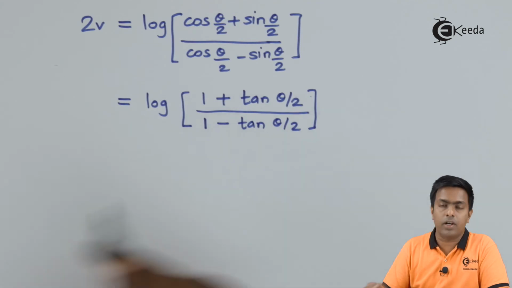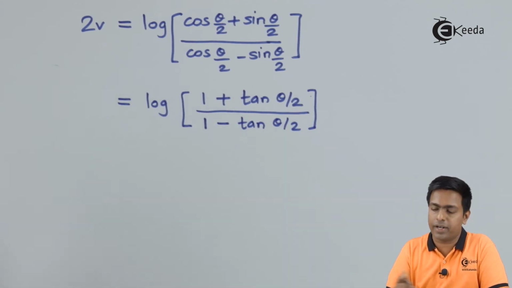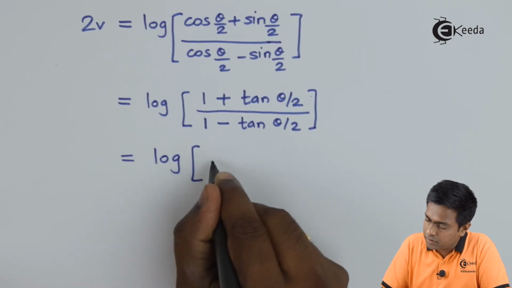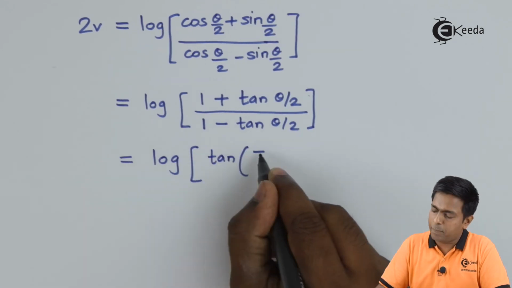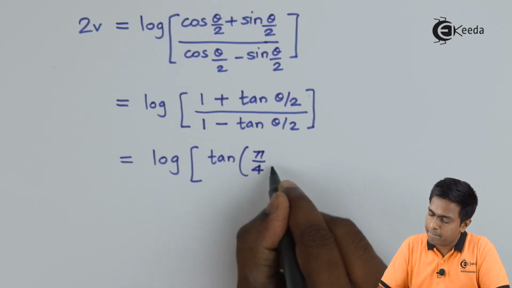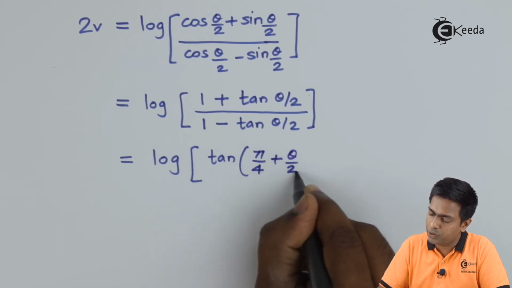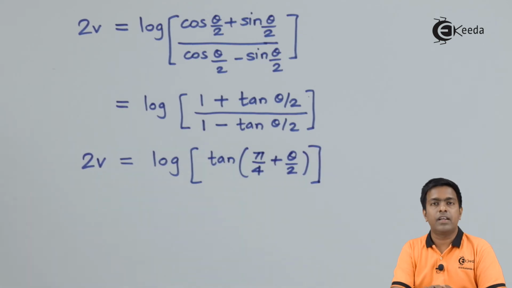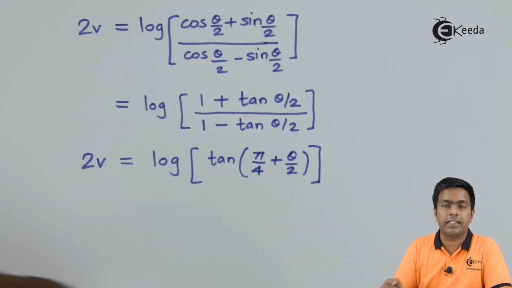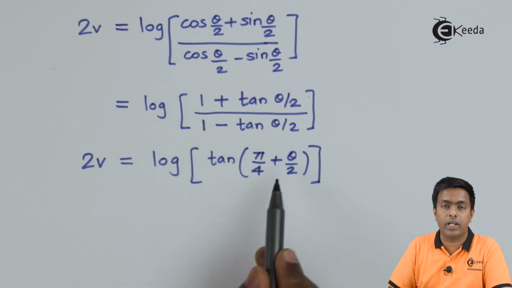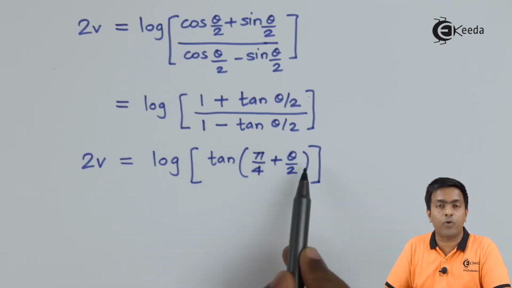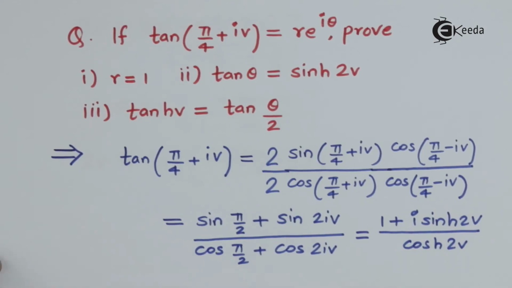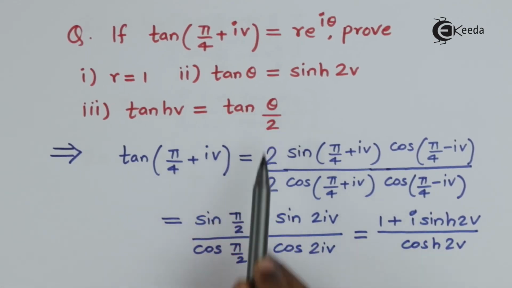Now, here it's a formula of trigonometry, which is tan of pi by 4 plus theta by 2, which is equal to 2v. Now guys, if you're thinking like this, then that's wrong, because if we'll do that, then we'll get tan of pi by 4 plus theta by 2 on the right hand side. But if you see the result, then we just want tan of theta by 2.